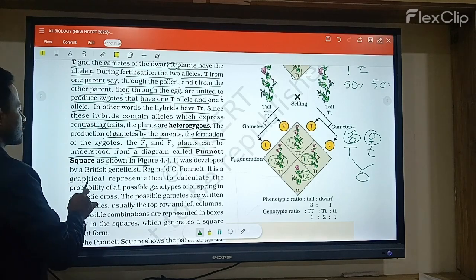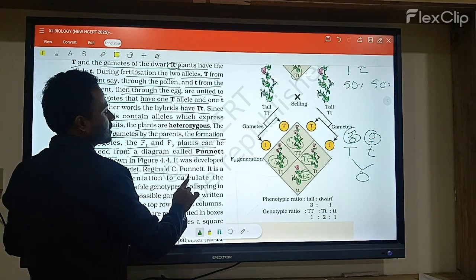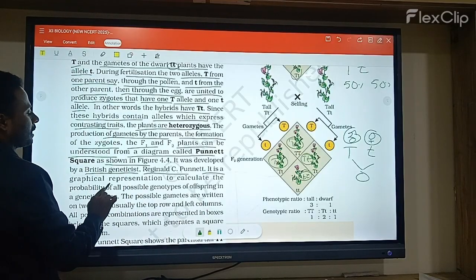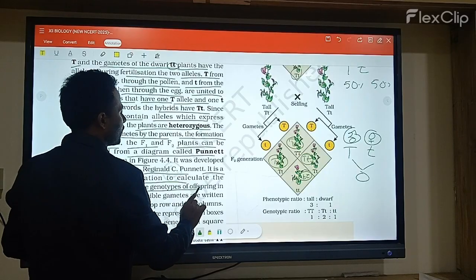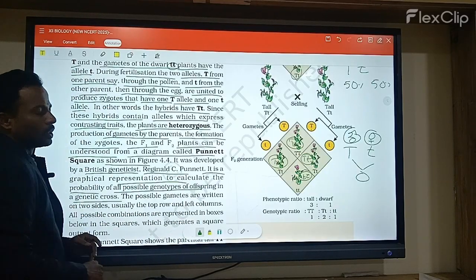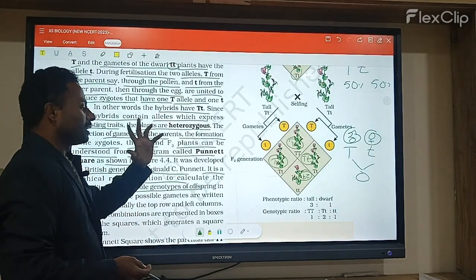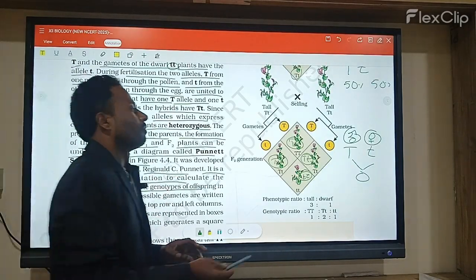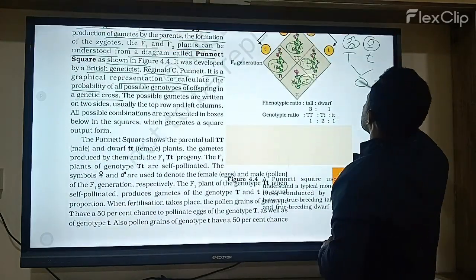It was developed by the British geneticist Reginald C. Punnett. It is a graphical representation to calculate the probability of all possible genotypes of offspring in a genetic cross. How do genes pass from generation to generation? He clearly explained it in one graphical form, which nowadays we call the Punnett square.